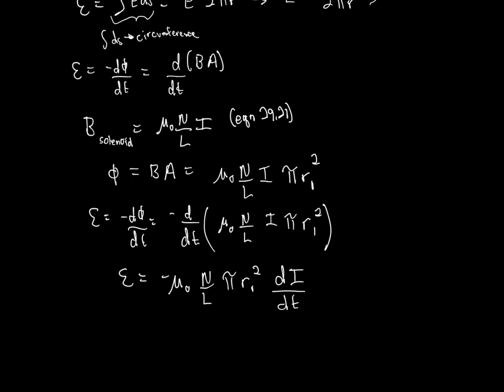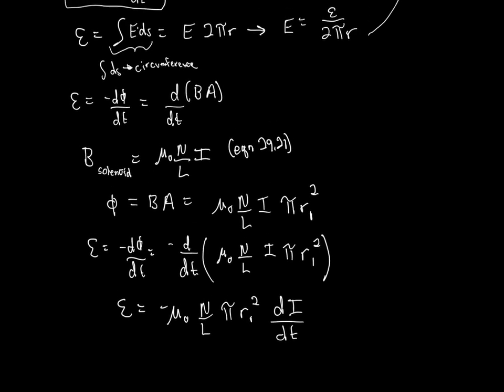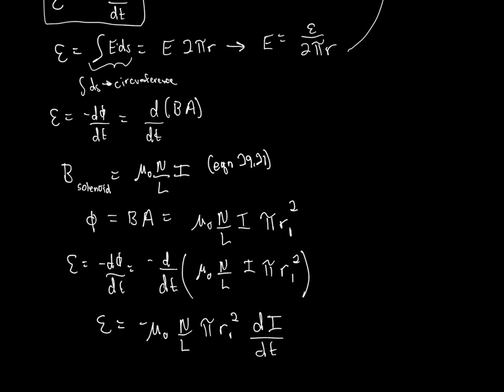No? Why not? It's given to us in the very first part of the problem as a constant. So that's just a number. Okay, so now I have this EMF. I can use this EMF. I can plug it in way up here.